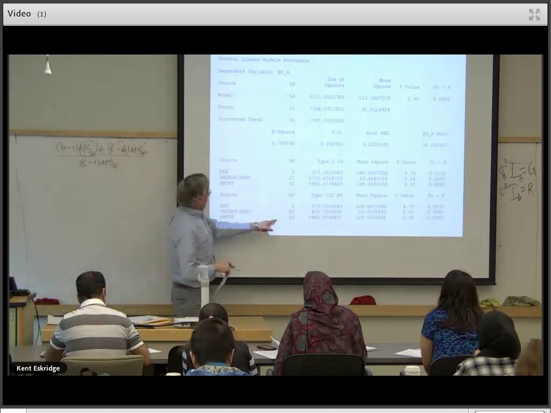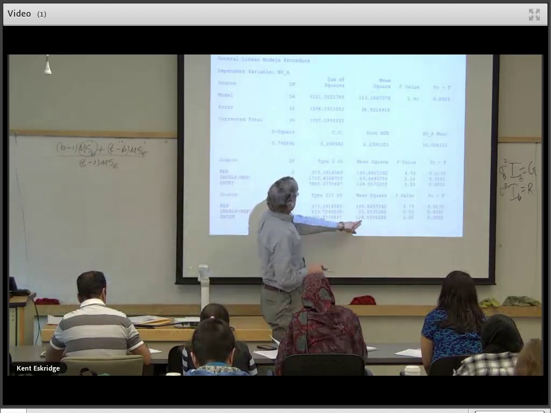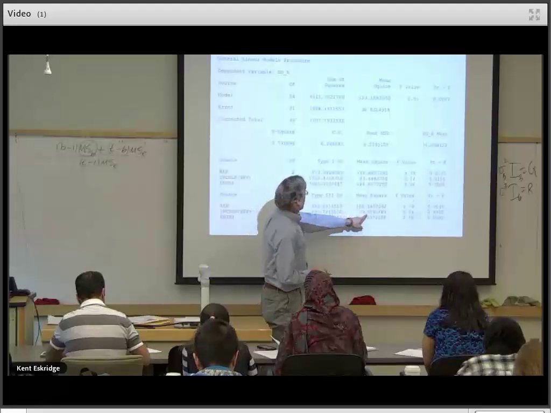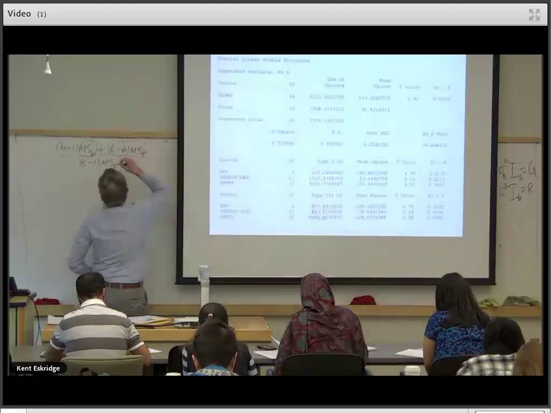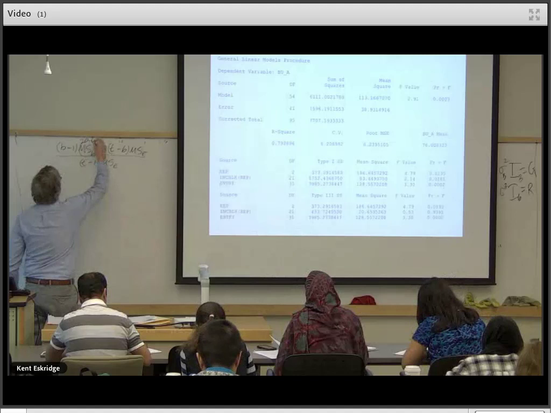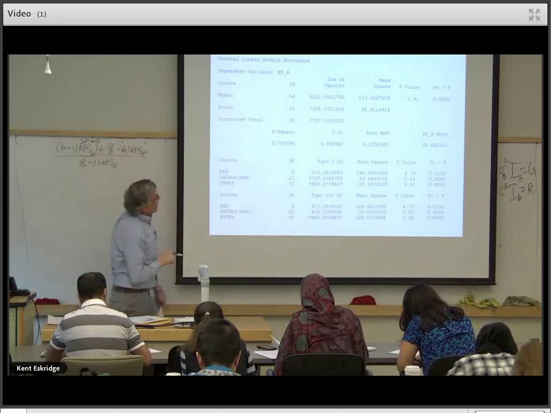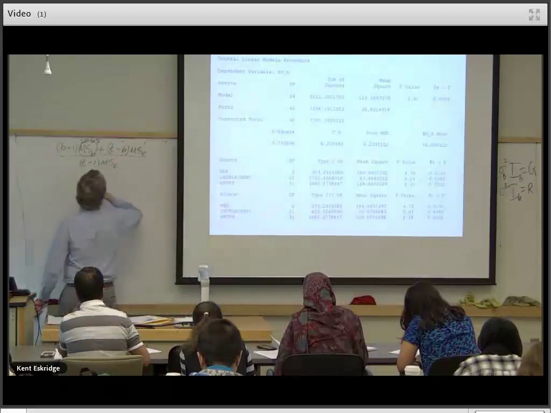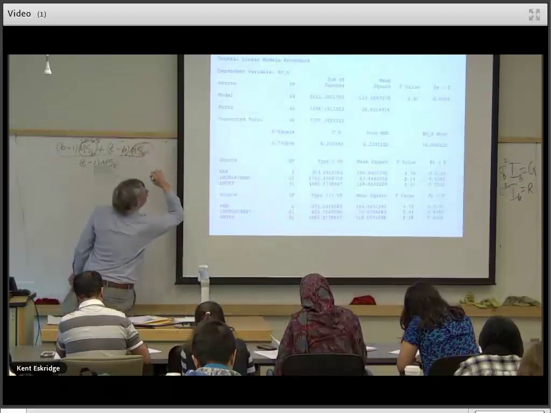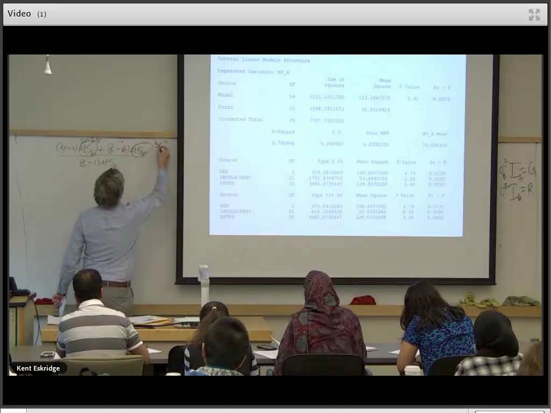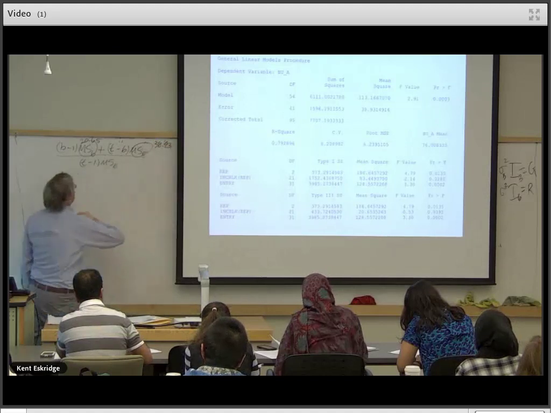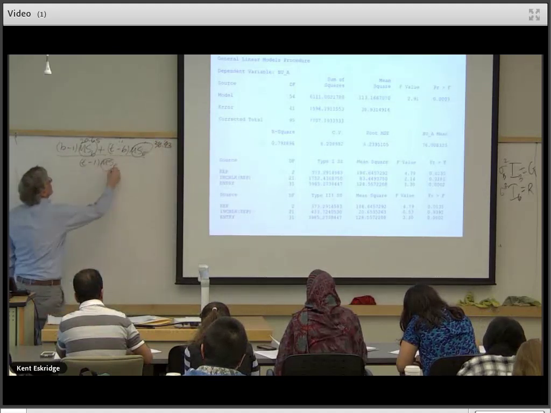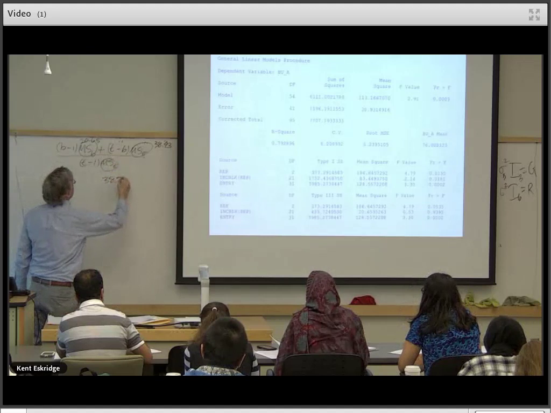This is mean square per block in this case. If you do type 3 sums of squares, it's going to be 20.65. And the mean square per error is what? About 39, right? Or it's 38.93.